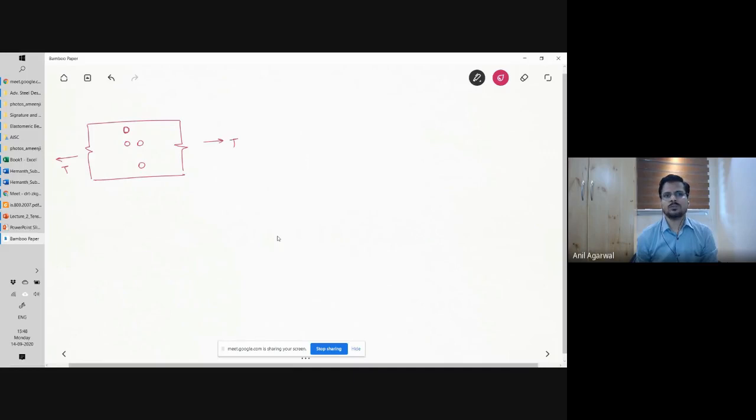Now, in this case, what would be the rupture path that I would consider that is most likely to govern? Can I say that comfortably that this will be the rupture path? The alternate rupture path could be this one or this one, right?